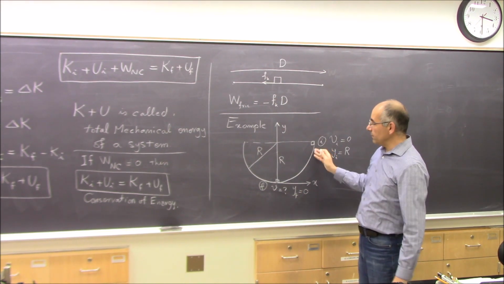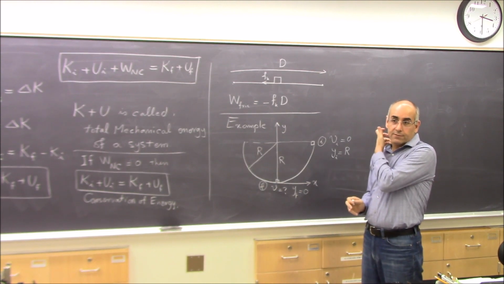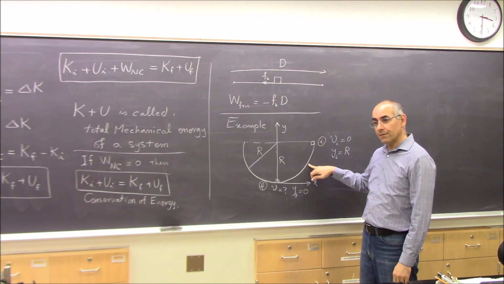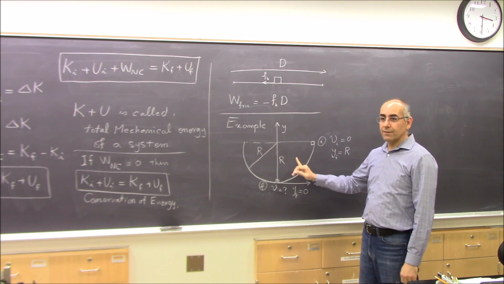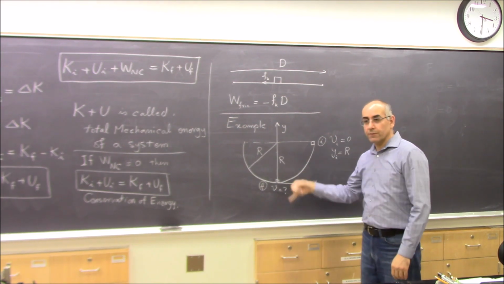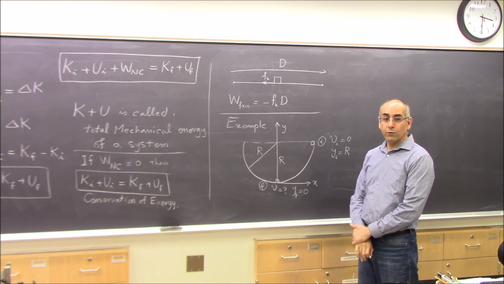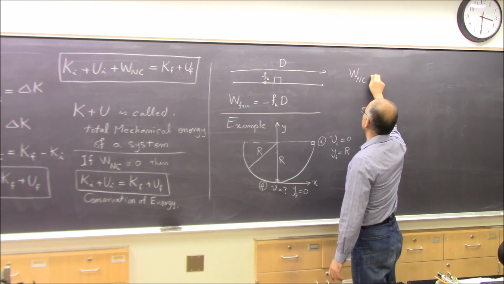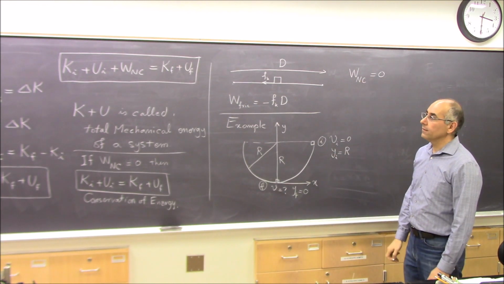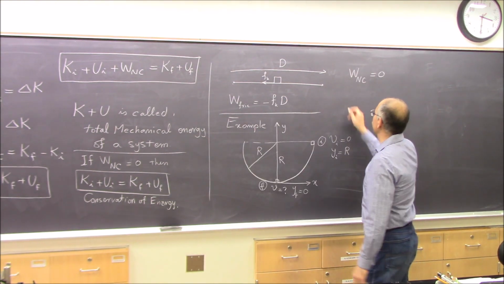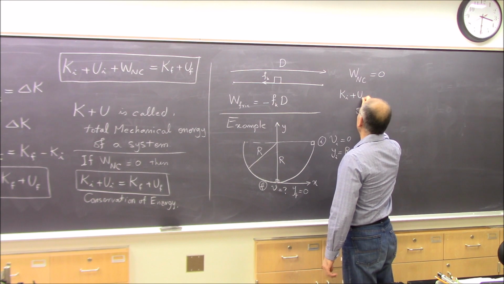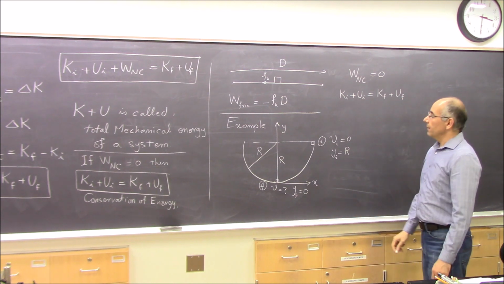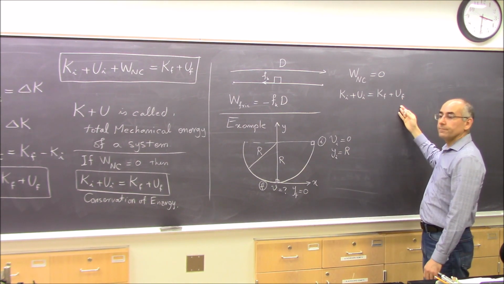And is there any non-conservative force acting on it along this path? Yes, there is. There's normal force acting on that, but it's always perpendicular to the direction of motion. So normal force doesn't do any work. And there's no friction. So the work of non-conservative forces is equal to 0. Then we can use this, Ki plus Ui equal to Kf plus Uf. And is any of these 0?